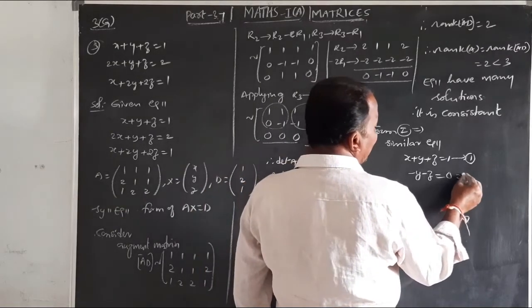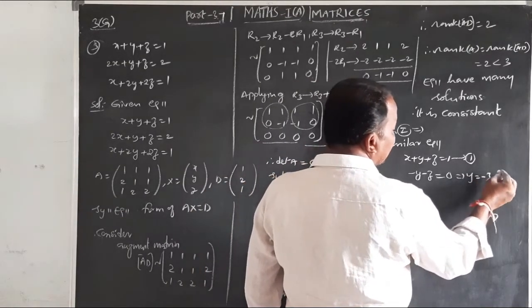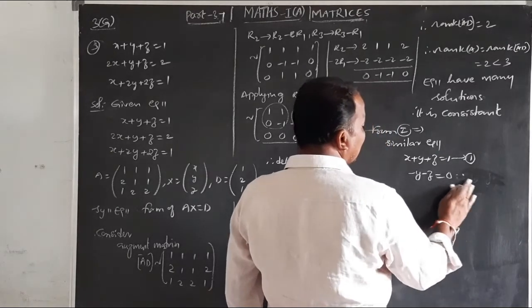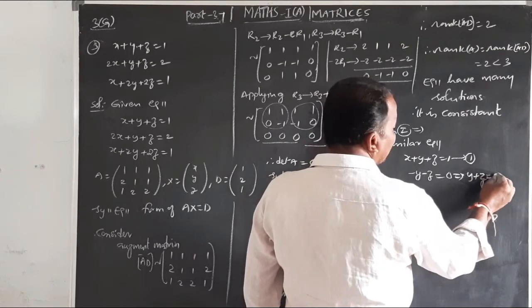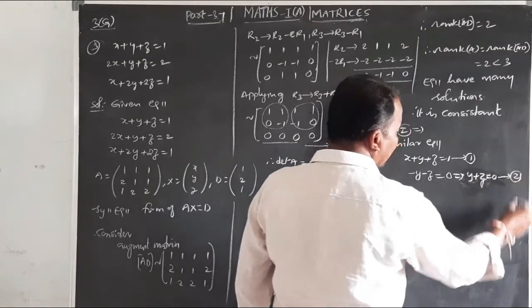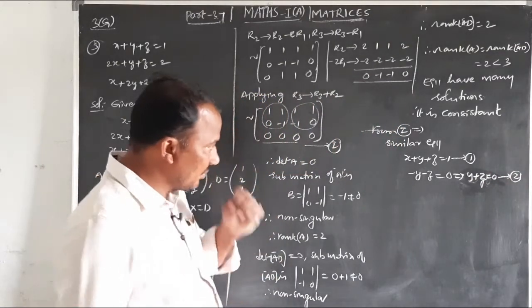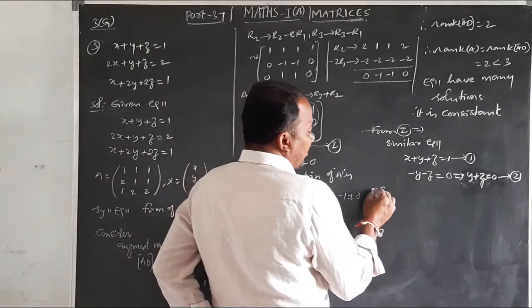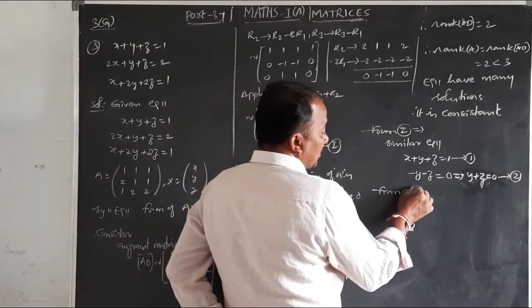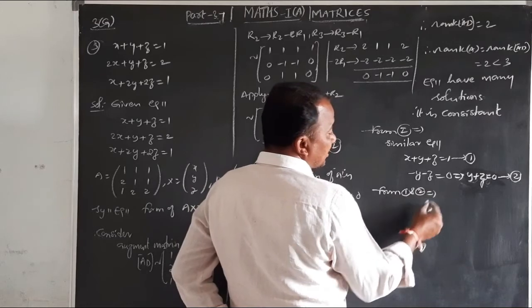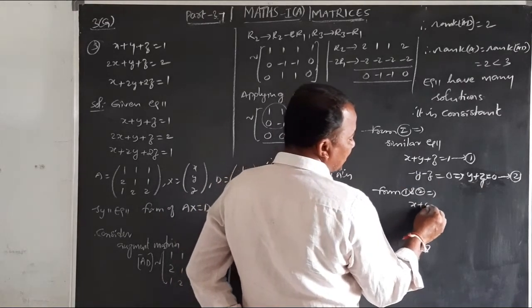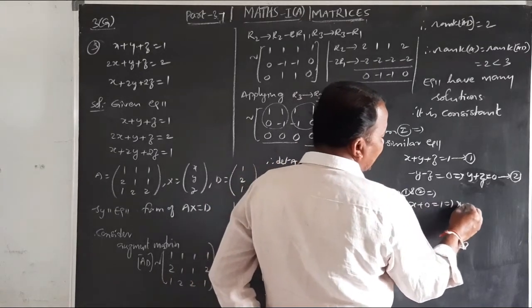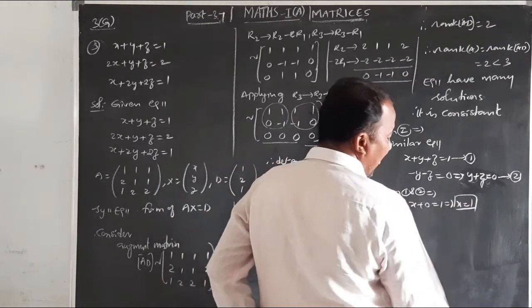So y equals minus z, which implies y plus z equals 0, equation number 2. From 1 and 2, y plus z equals 0, so x plus 0 equals 1. This implies x equals 1.